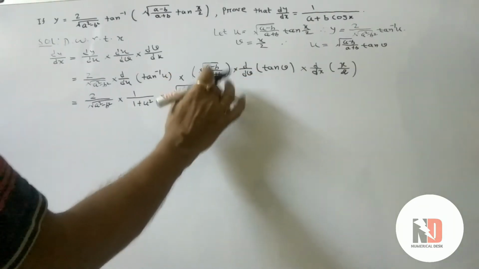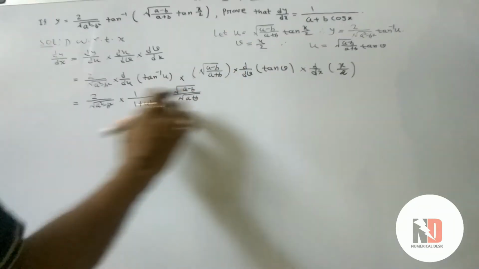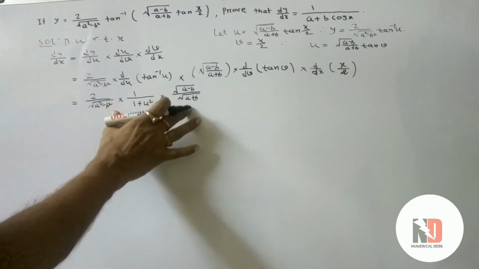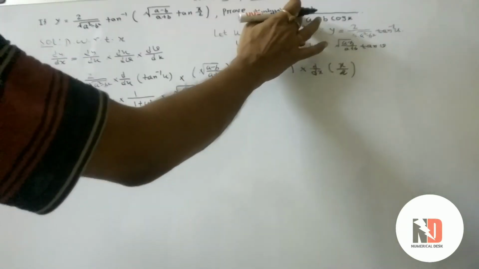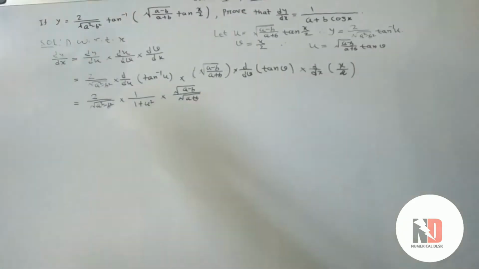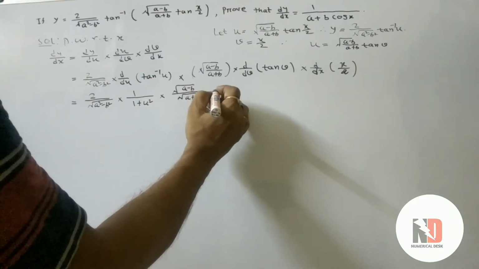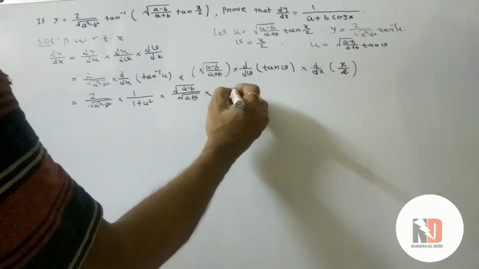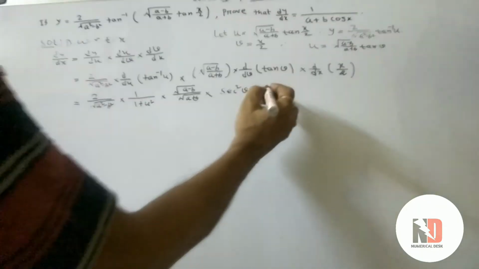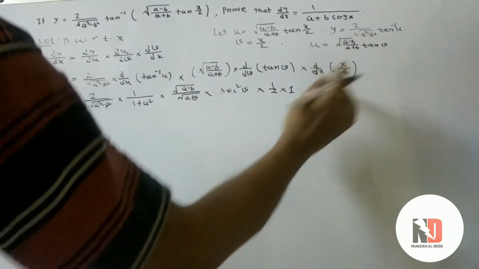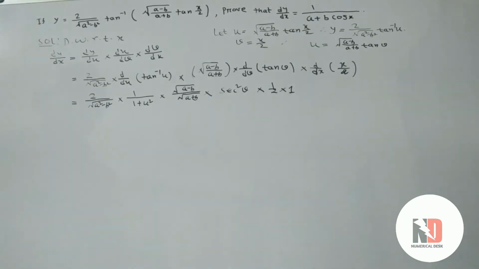We already break this part in this manner, root over a minus b by a plus b, root a minus b by root a plus b separately, so that it will be consistent with the proof later. And d by dv of tan v equal to sec square v, and d by dx of x by 2 equal to 1 by 2, and half is constant. So you know this, but still I have done this here.